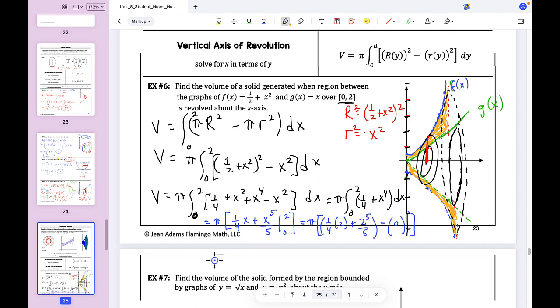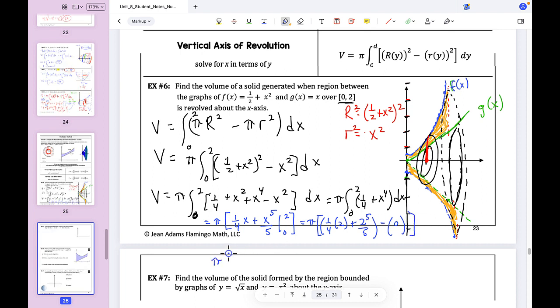Okay, so we get pi times 2 over 4, which is 1/2, plus 32 over 5, which comes out to 69 over 10 pi. Okay, that is the volume of the solid that's generated, right?